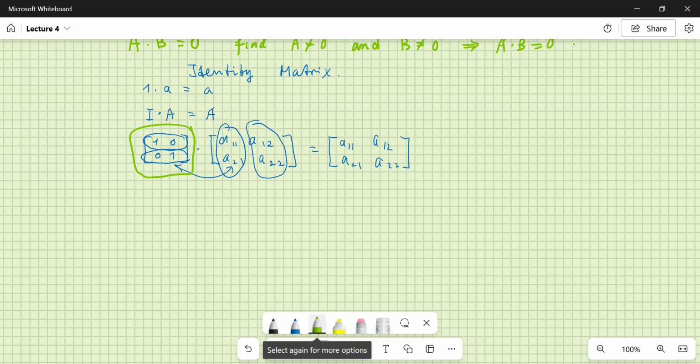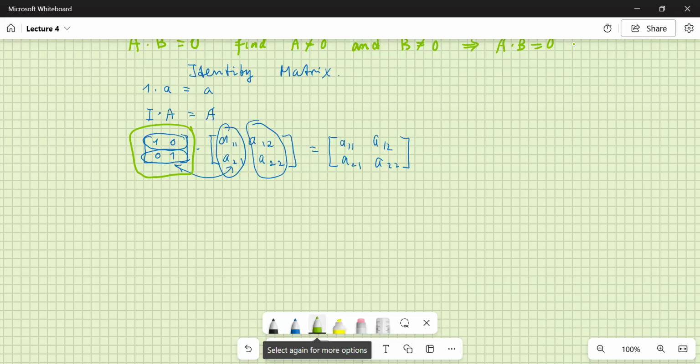Again, this happens because we designed this shape. And if the matrix is different, bigger or smaller, it is still going to give the same result.